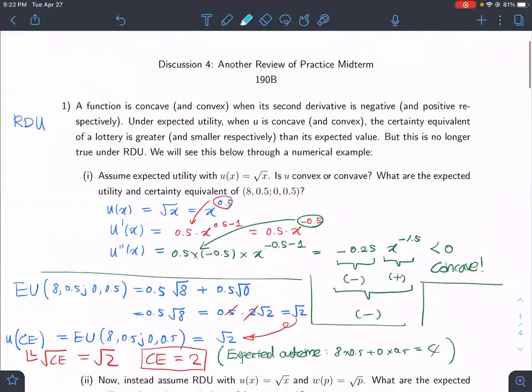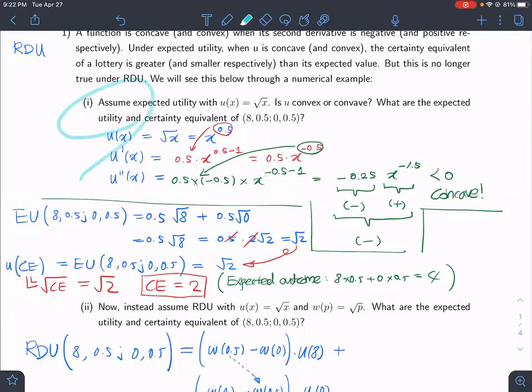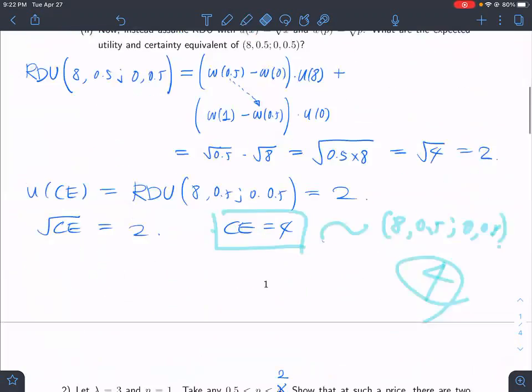At the above, using expected utility, this guy was risk averse. Let me write it here, risk averse. However, this guy looks like a risk neutral person. How surprising.